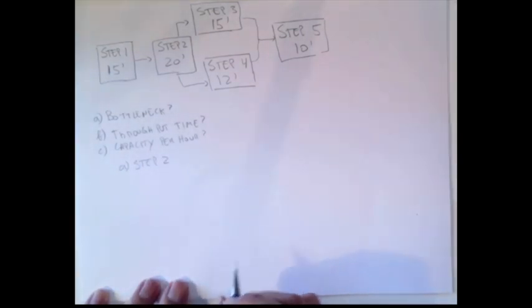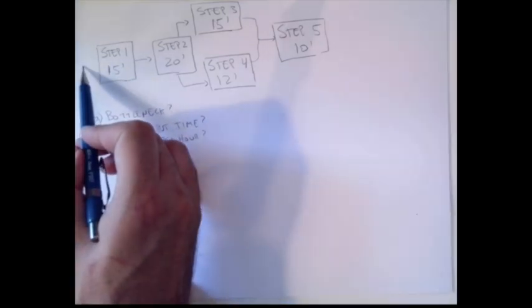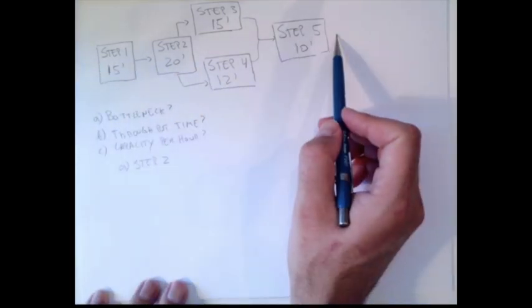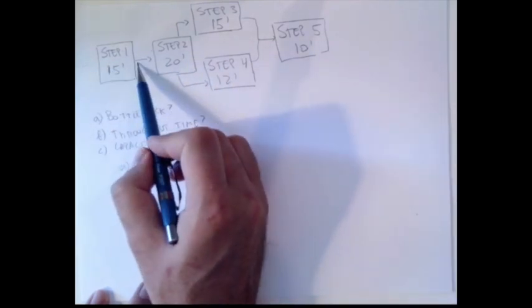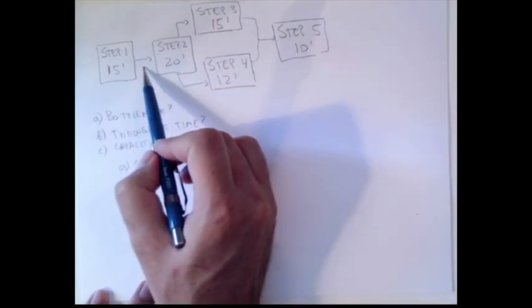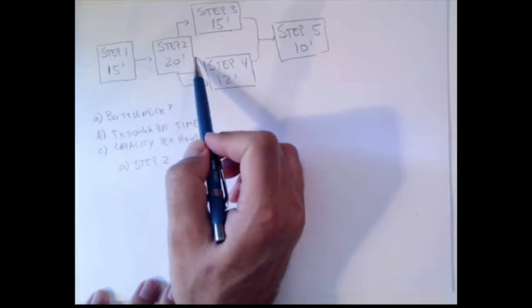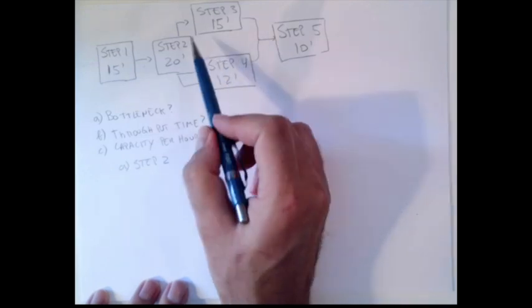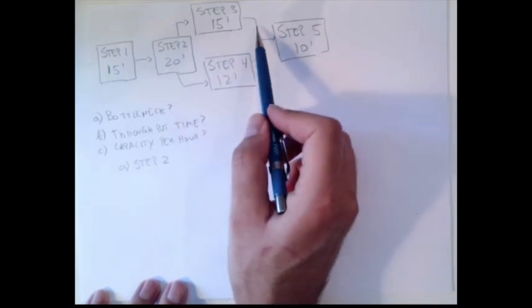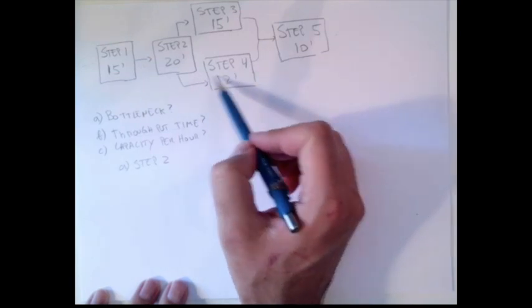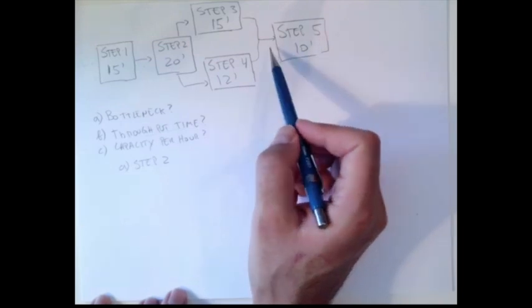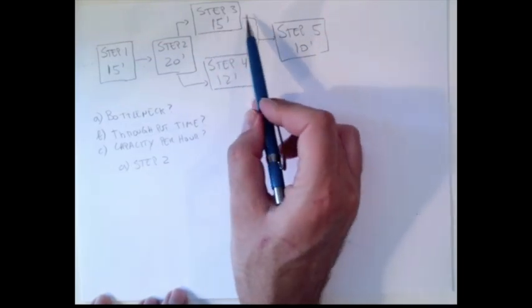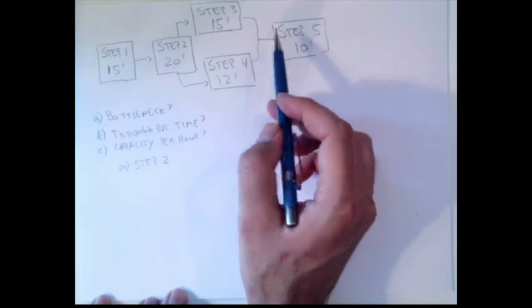The next question is, what is the throughput time? So what is the time from the beginning until the end? We just need to add the times from each step. To go through step 1, it takes 15 minutes. Through step 2, 20 minutes. So that's 35 minutes. Then it has to go simultaneously through these two paths. This takes 15, this takes 12, which means this one will be faster. But it can't go to the next step until step 3 is ready.